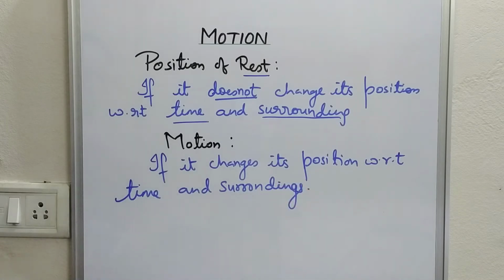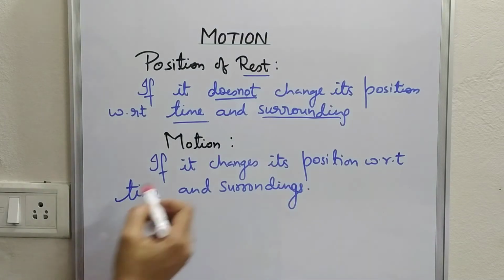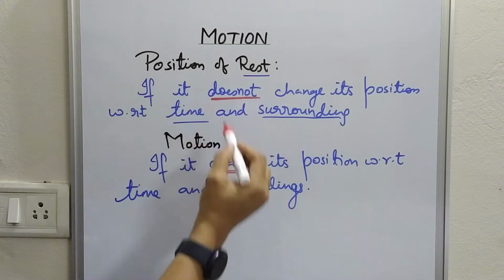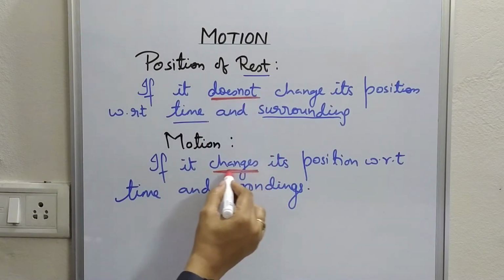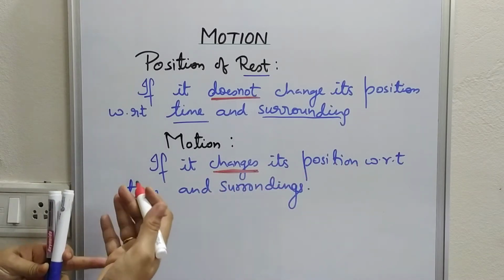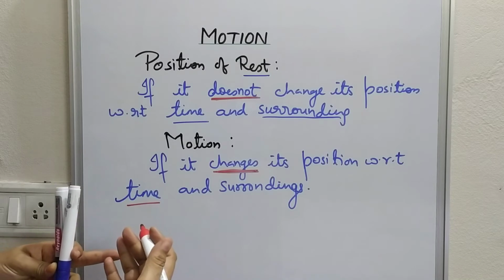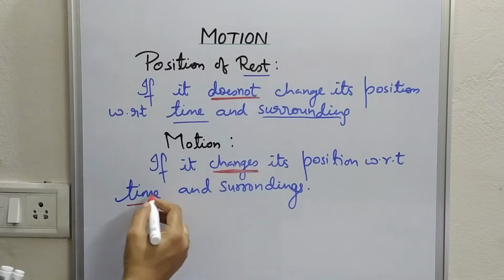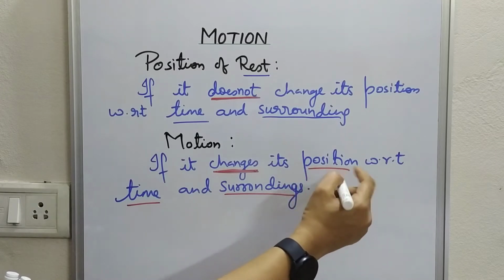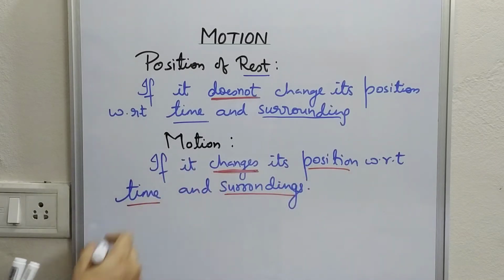So, if a body changes its position, in the previous case, it does not change. So, if a body changes its position with respect to time, that is, as time passes, the position of the object also changes, then the body is said to be in motion.